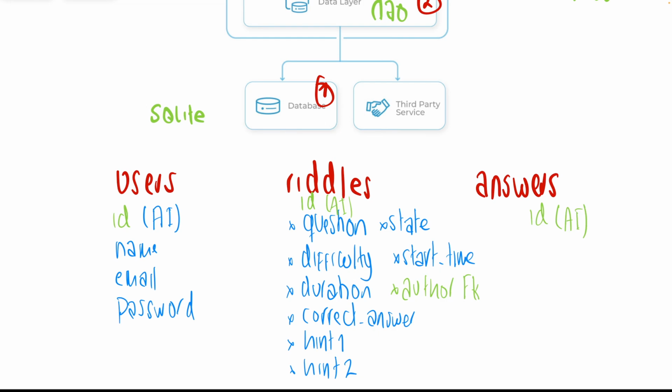And here in the answers, we have the user as a foreign key that will point to a specific user, and the riddle as a foreign key that will point to the riddle.